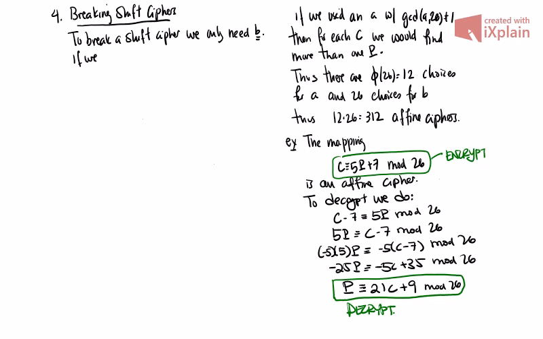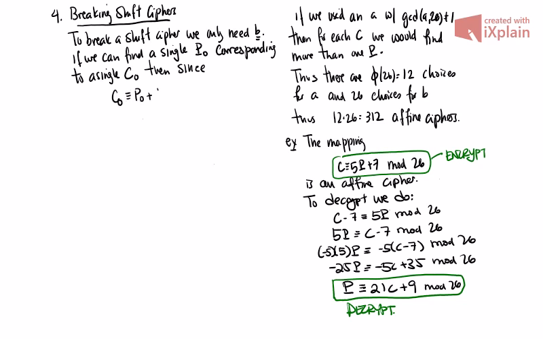So if we can find a single P0 corresponding to a single C0, and since C0 is congruent to P0 plus B mod 26, we find B, and then we can decrypt everything.